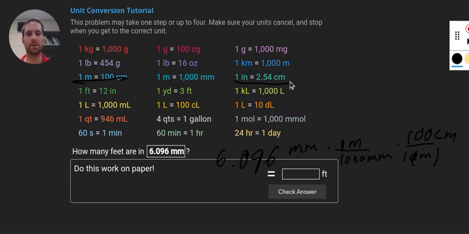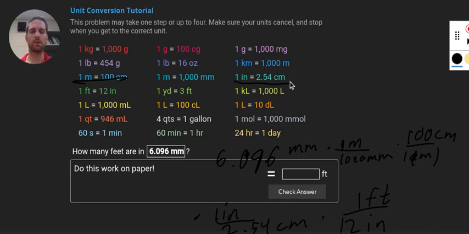And now, because we're in centimeters, we can multiply that by our inches. 1 inch, 2.54 centimeters. Multiply by the 12 inches in 1 foot, so 12 inches, 1 foot.